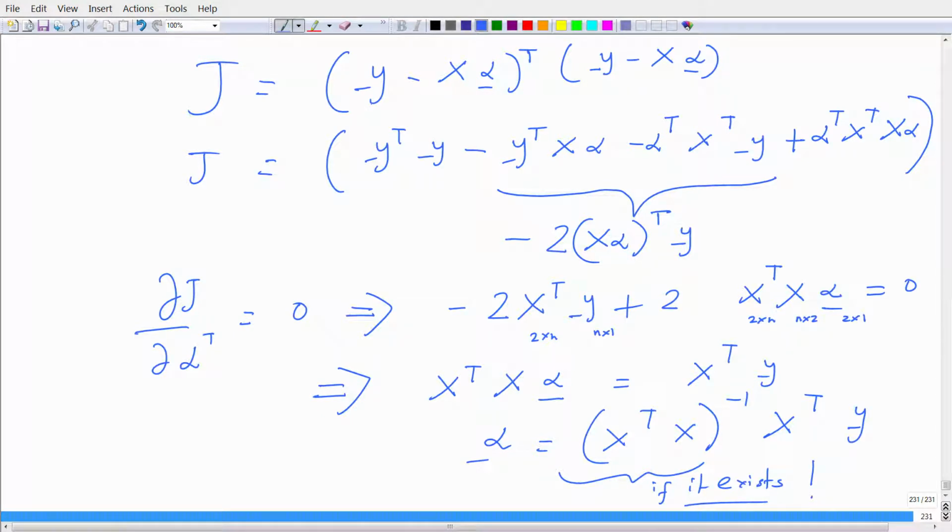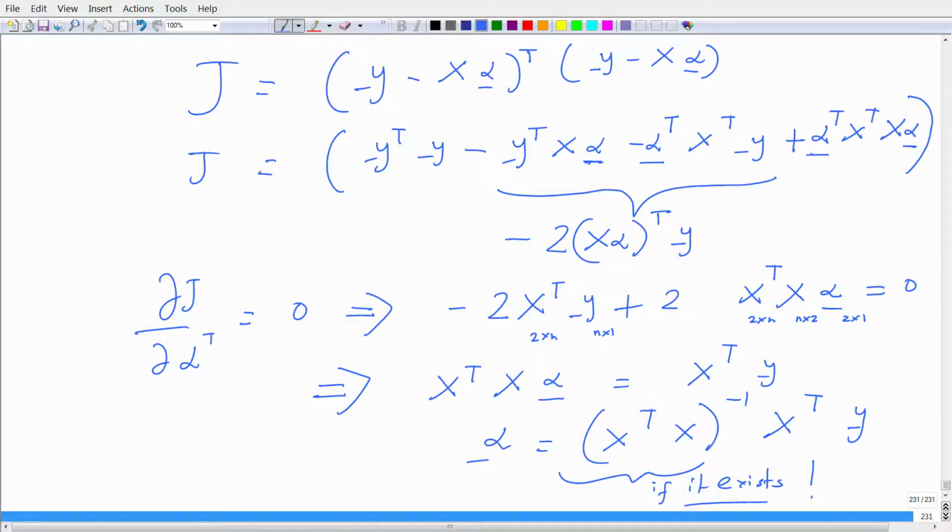I get y transposed y minus y transposed X times alpha, with a bar under alpha indicating it is a vector. Similarly, I have alpha transpose X transposed y plus alpha transposed X transpose X times alpha, with a bar under alpha indicating it is a vector.